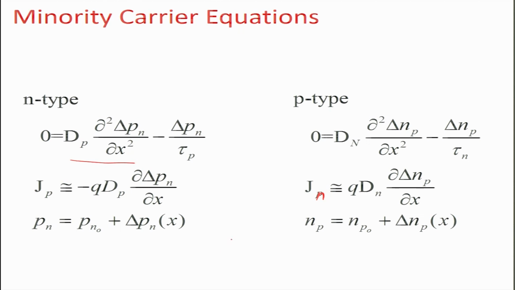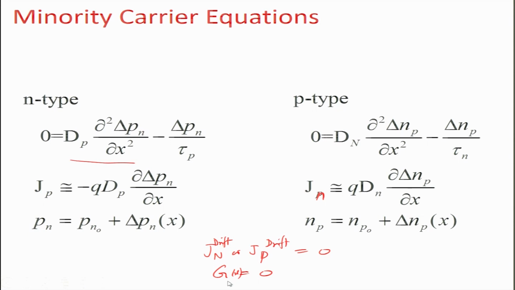Of course, you can see here you have Jp drift equal to 0, and generation is equal to 0. So, you do not have any generation of carriers because it is in dark, okay.